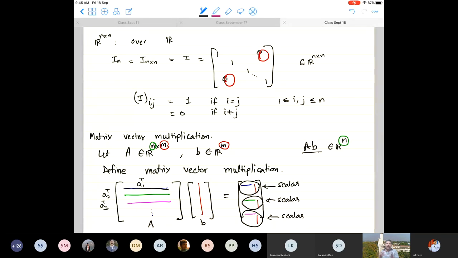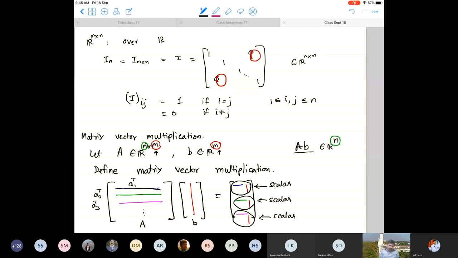I take inner products A1 transpose B, A2 transpose B, A3 transpose B, and so on, and put those inner products here. So now you see why you need this matching condition. This m should match this m, because the rows of A are transposed vectors whose inner product you take with B in order to compute the product AB. Do you understand what we are doing?